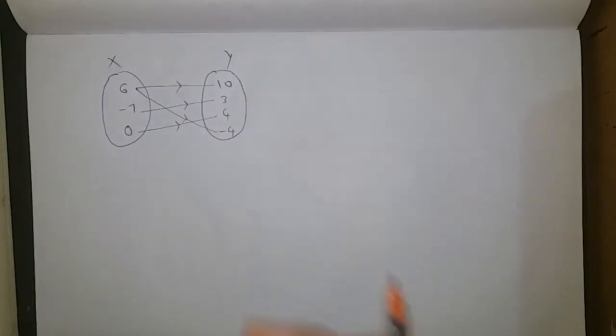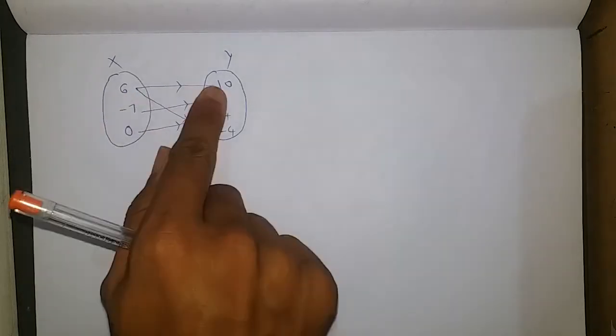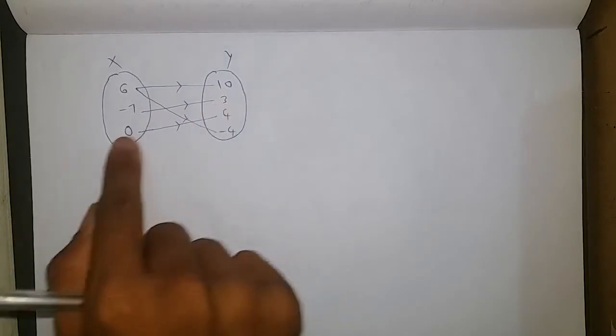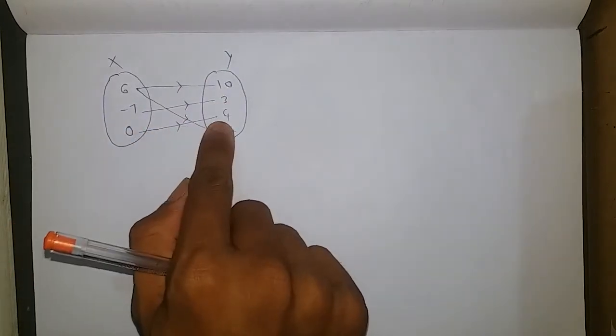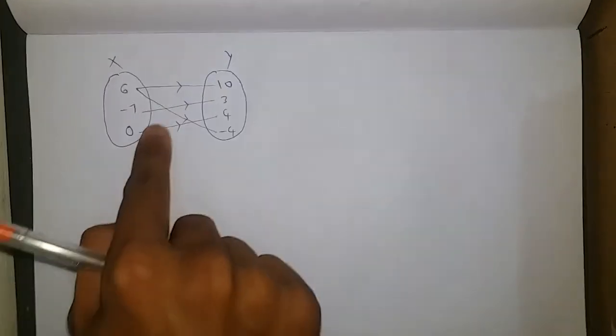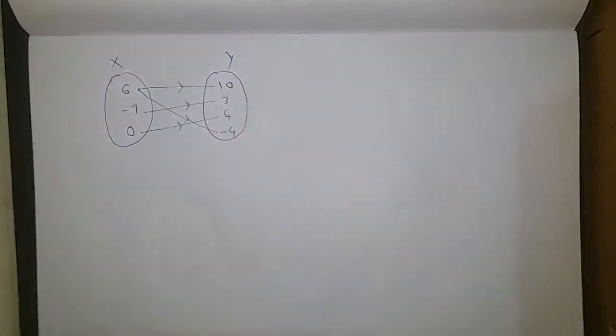Now let us check whether this is a function or not. The first condition: every element of the first set should have some image. 6 has an image, 7 has an image, 0 has an image. So every element of the first set has an image.